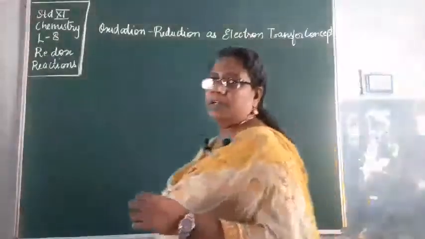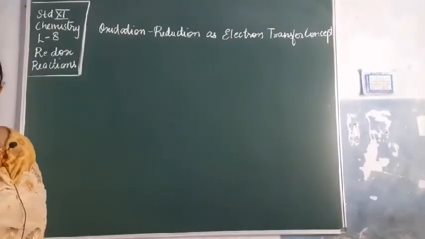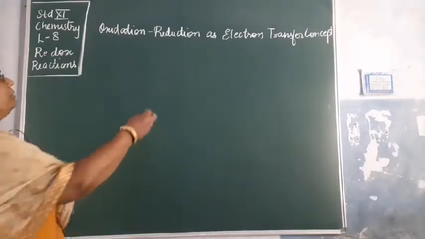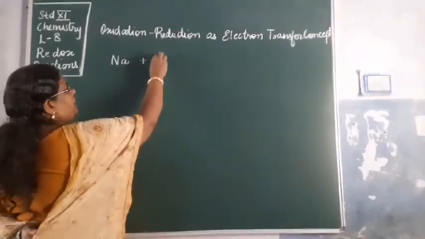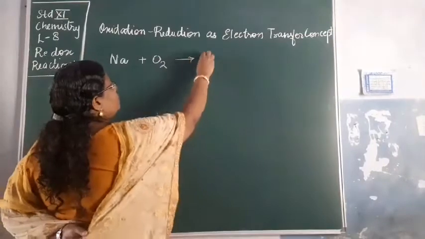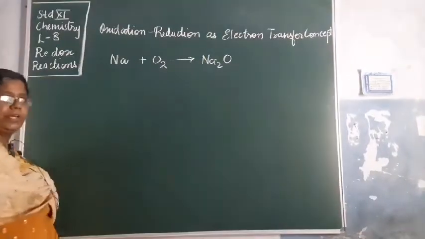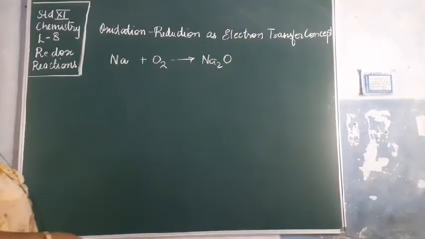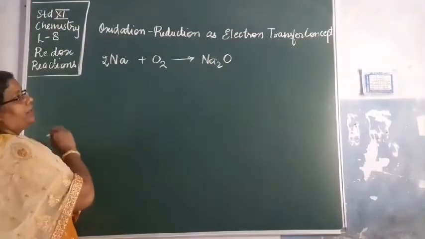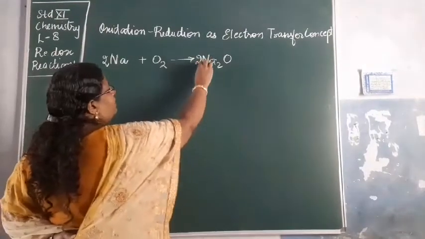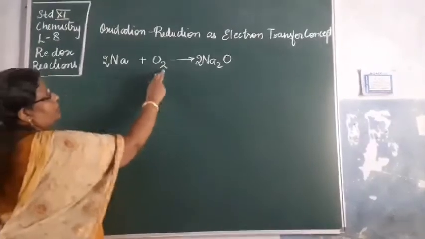Now let us understand oxidation reduction as electron transfer concept. Let me take the example of Na reacting with O2 to give you Na2O, sodium oxide. Okay. So to balance it, I will put here 2, because I also want 2 oxygen.